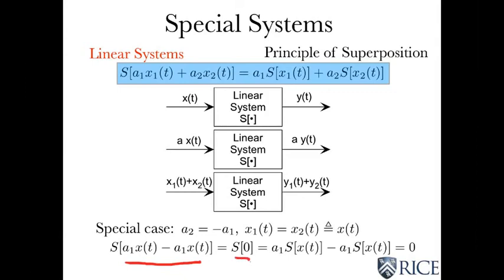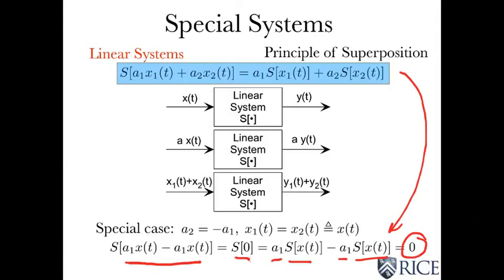But now, let's look at what the linear system equation says in that special case. Since x1 and x2 are the same, we have S of x, and then they're weighted by the same A1, but they're subtracted to get 0. So if the system is linear, you stick in 0, identically 0, into a linear system.